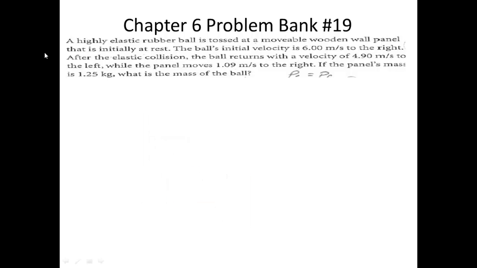First thing that we will write down is that positive will be to the right, and we decided that. Our given is that the velocity of the panel initially is 0. We are given that the ball's initial velocity is 6.0 meters per second.